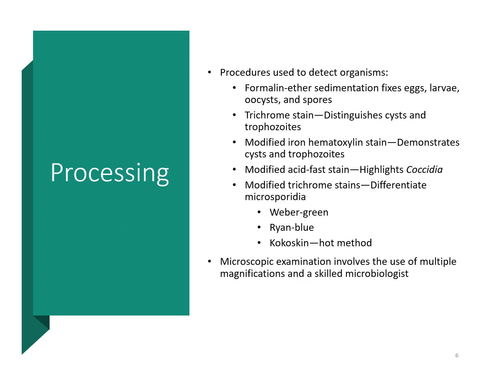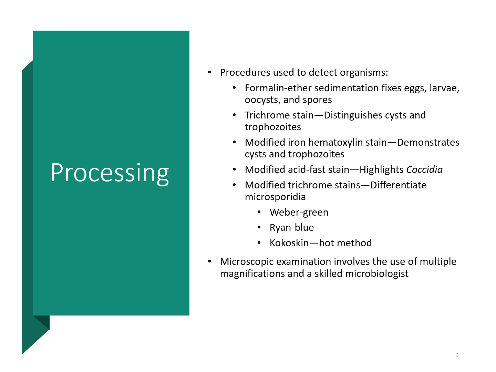With processing these organisms, depending on the method that the laboratory uses or what they're particularly looking for, formalin is used for the fixation of the eggs, the larvae, the oocysts, and the spores. Trichrome stain for making a smear is used to distinguish a cyst from a trophozoite.